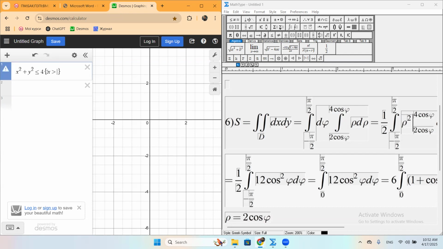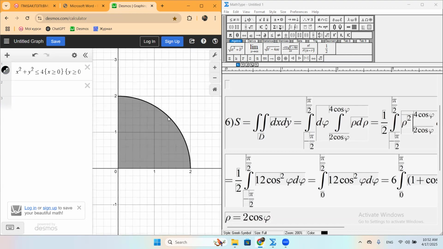So x is greater than or equal to 0, and y is greater than or equal to 0 as well. So that is the plate we have.